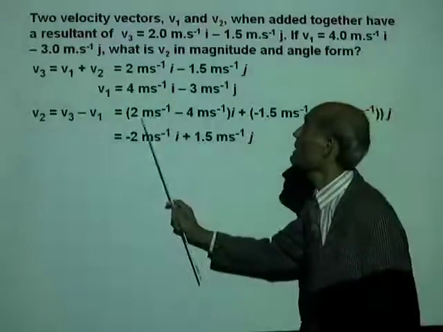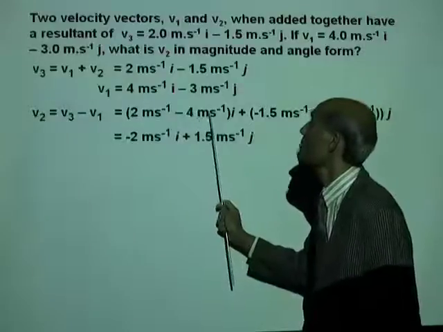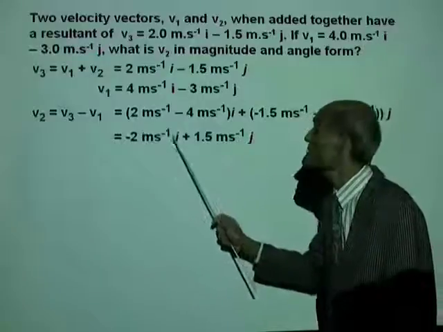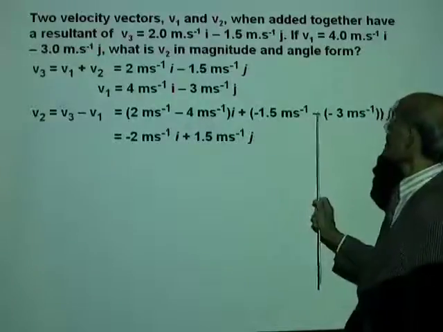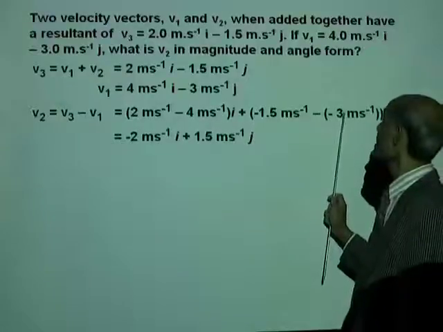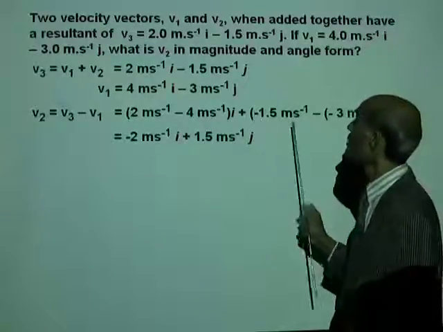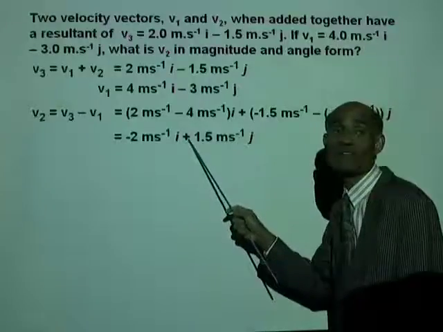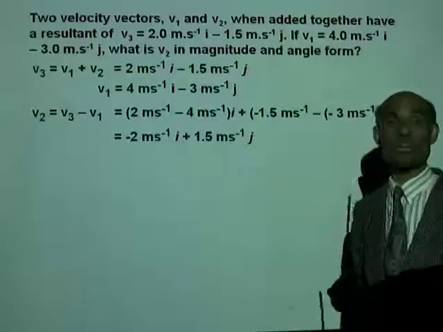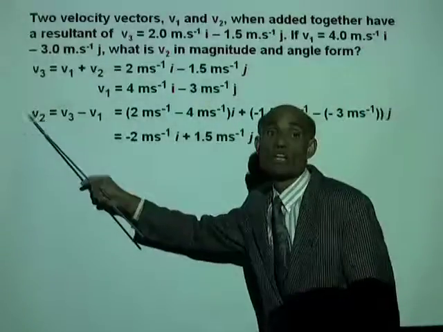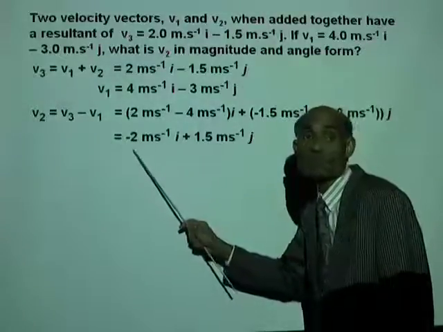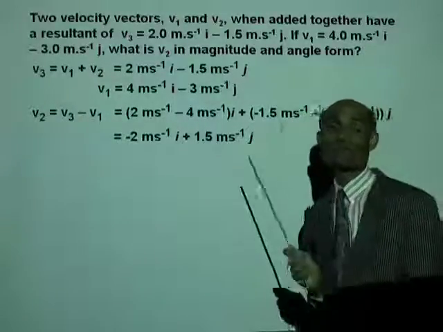Alright, that will be 2 meter per second minus 4 meter per second is negative 2 meter per second i, and this double negative will become positive. So this will be 3 meter per second minus 1.5 meter per second, that is positive 1.5 meter per second j. So we obtained the vector v2 in terms of its x and y components.